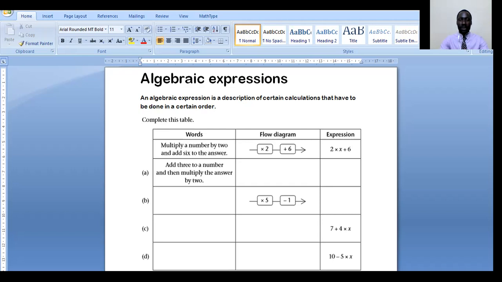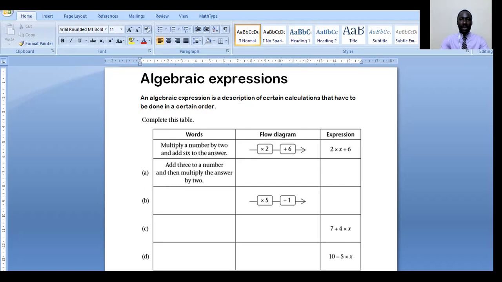Think of it this way. You wake up early in the morning, you know you have to go to school, or you know you have to attend lessons. So the question here is, as soon as you wake up in the morning, what do you start with? Well, maybe brushing teeth, or maybe going to the showers, or maybe dressing up, you see? So a description of what has got to be done and the order in which they have to be done, okay?